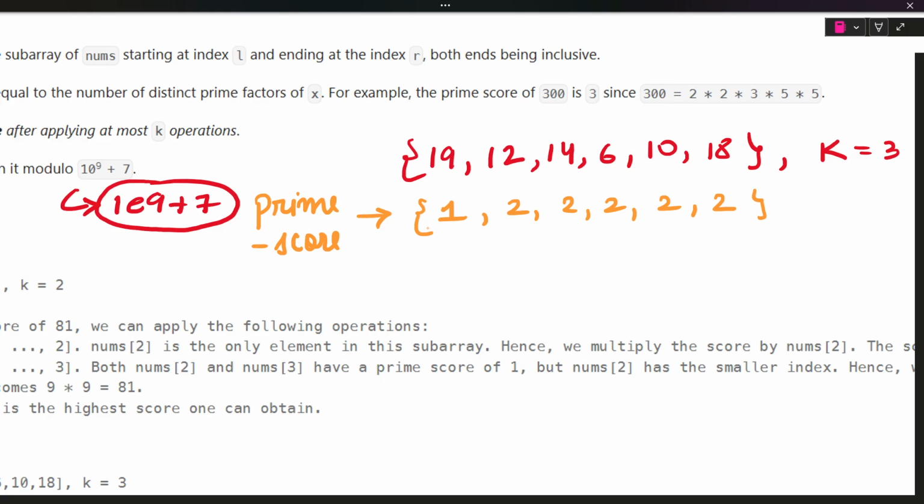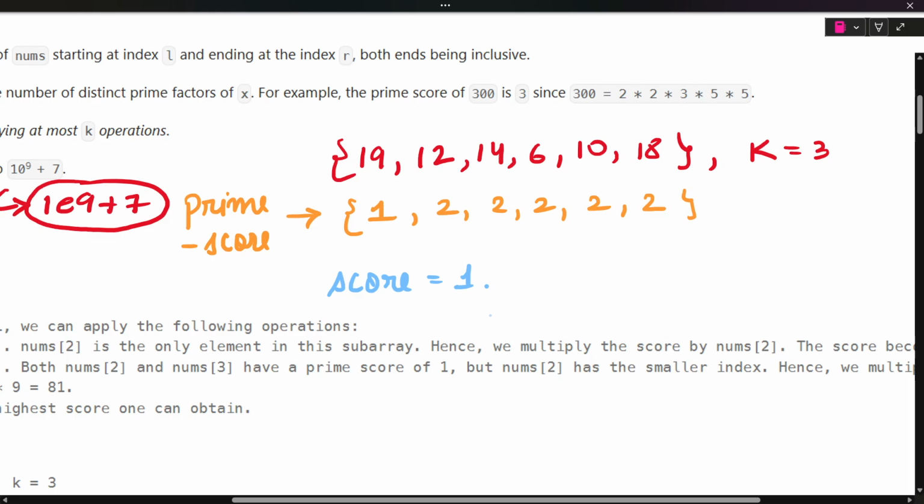And the initial score is equal to 1. So we need to maximize this score, and we have k equal to 3.